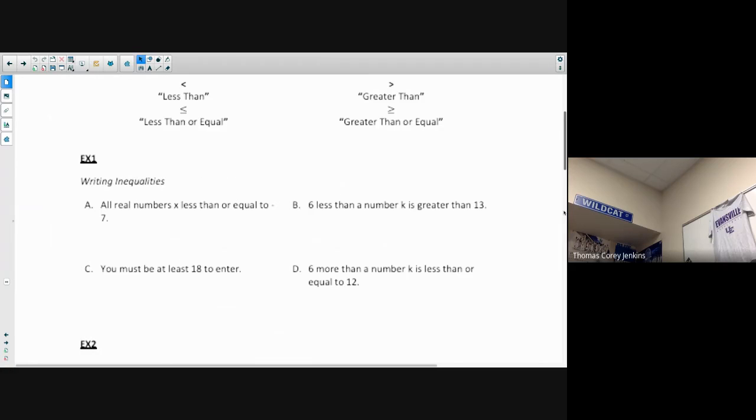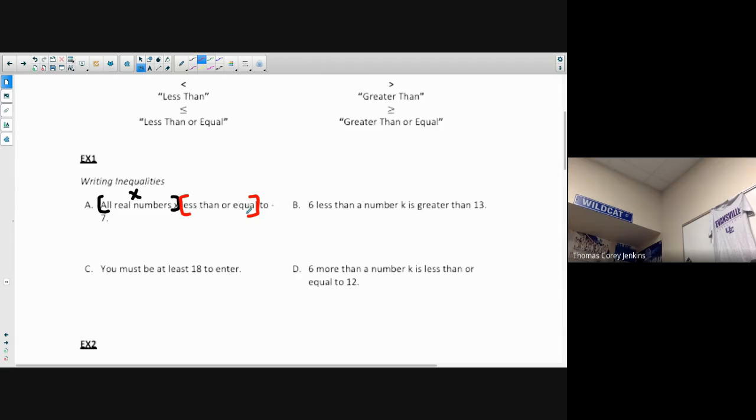On that note, let's jump into some examples. Example 1 is about learning how to write inequalities. If I give you a word phrase, you turn it into an inequality. This is a very good skill to have because there are all kinds of word problems in math. So 1A says all real numbers x, less than... sorry, it says less than or equal to, right?